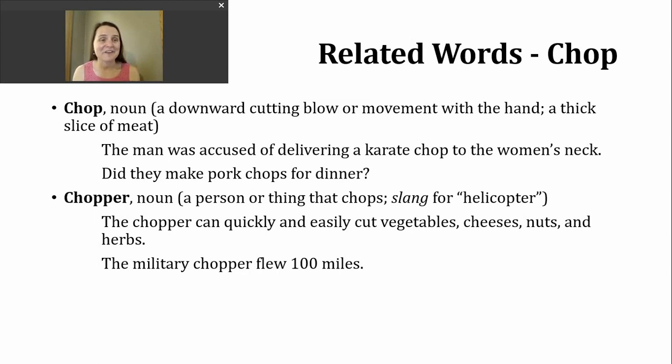That's going to be our first example. The chopper can quickly and easily cut vegetables, cheeses, nuts, and herbs. A second meaning for chopper is slang for helicopter. So here's an example sentence of that. The military chopper flew 100 miles.